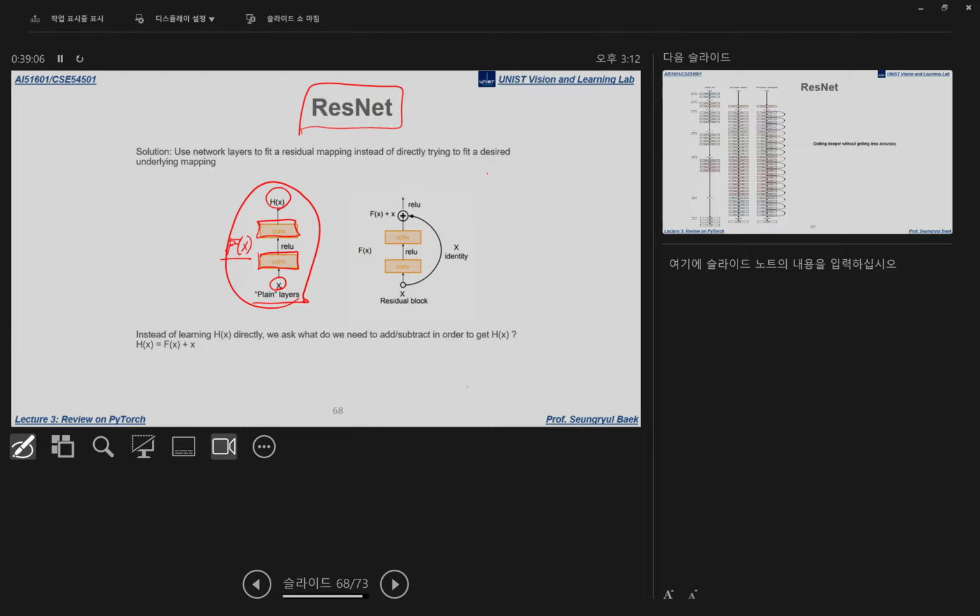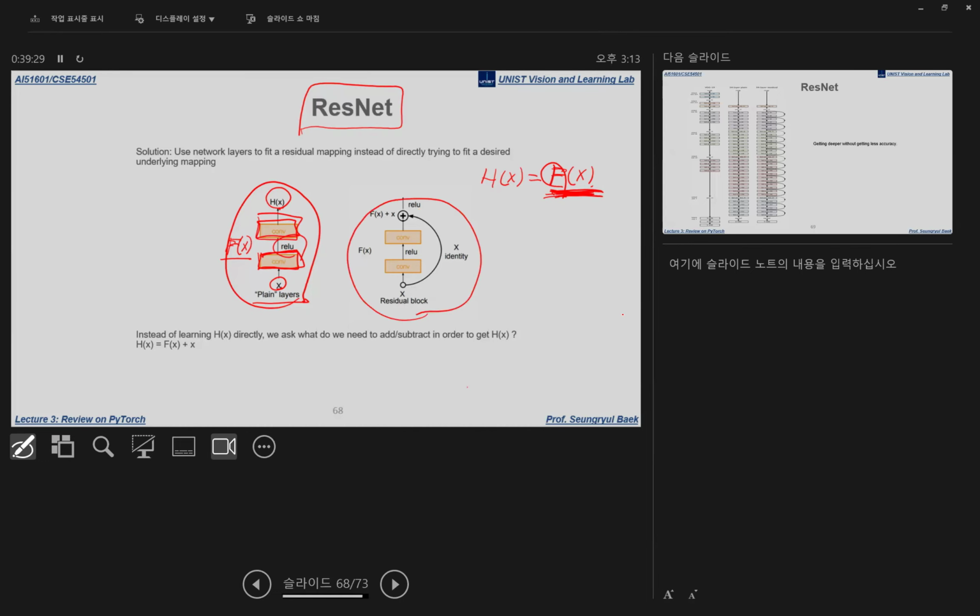So this is H(x), but in previous layers, that's just F(x). And F means two convolutional layers and ReLU layers. If they are stacked, they can be represented as F(x), okay? That's just the definition.